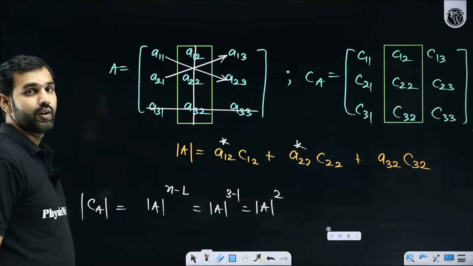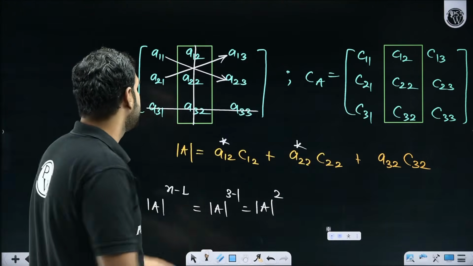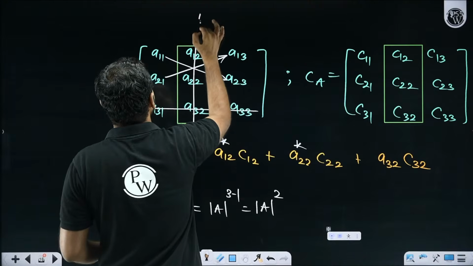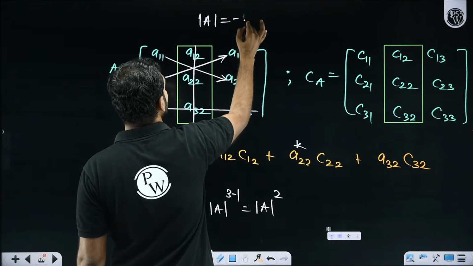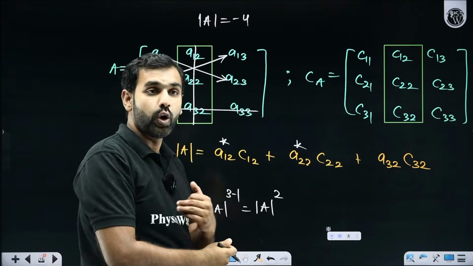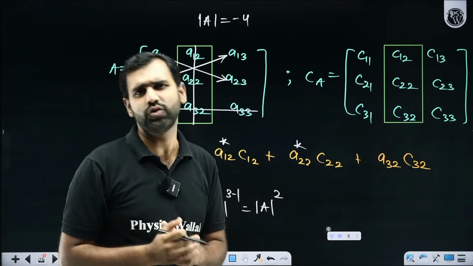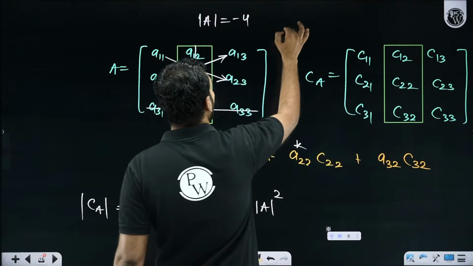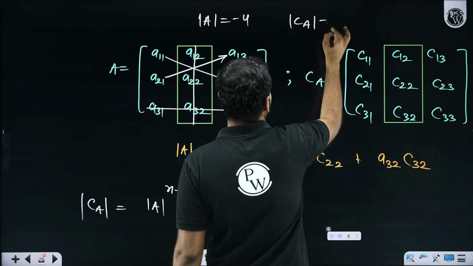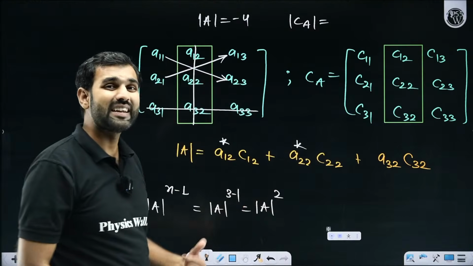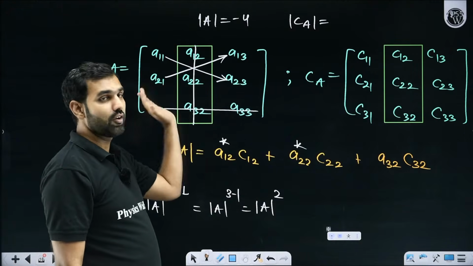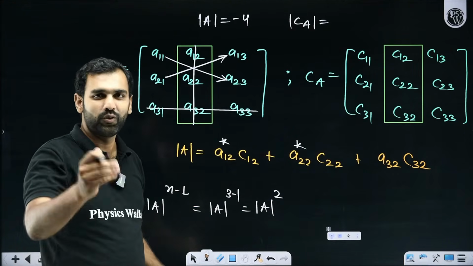So this will be determinant A raised to the power 3 minus 1, which is determinant A to the power 2. So let's say I tell you that there is this matrix A and its determinant is, let's say, minus 4. I'm not giving you all of its elements. I'm telling you that its expansion gives you the value of this determinant as minus 4. And if I ask you what will be the determinant of the matrix created by taking the cofactors of all of its elements, then what will you say?